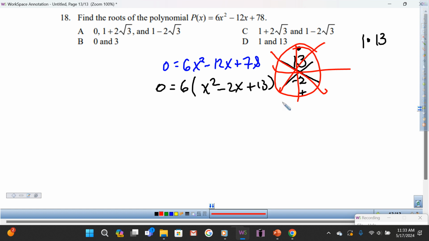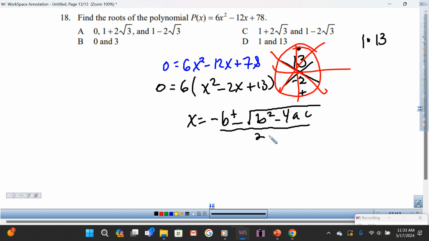So what do we do next? Well, if it's not factorable, what did I ask you to do in the past? Your favorite? x equals minus b plus minus square root b squared minus 4ac over 2a.